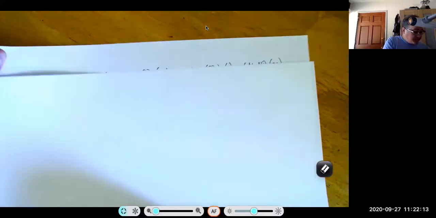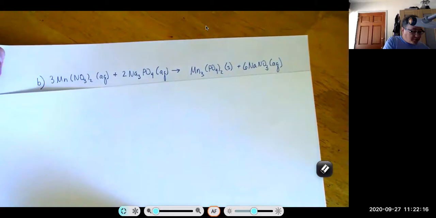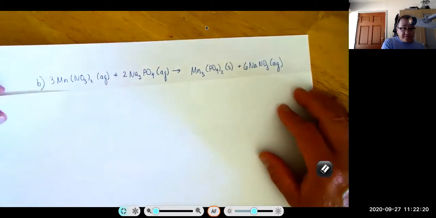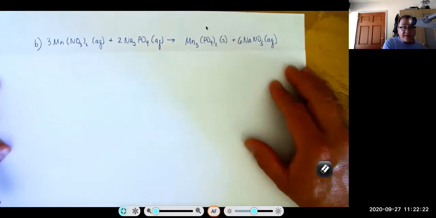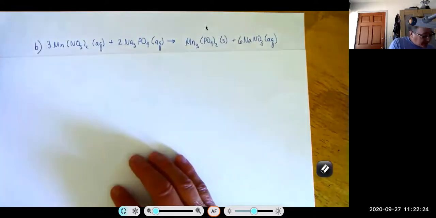And here we have our last problem. So we are supposed to balance this. So you have to imagine that this formula, well, let's just write this formula again.